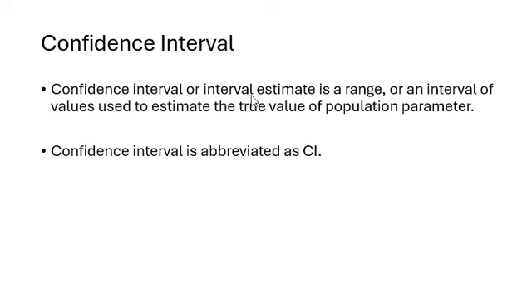Meaning, I'm very confident of my data set in this interval, and that data is definitely going to represent what I am measuring about. It's called the confidence interval, and it is abbreviated as CI. C for confidence and I for interval.